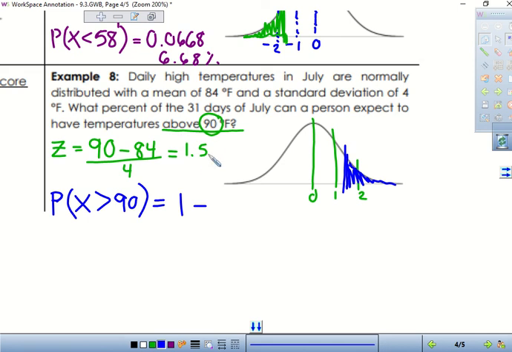Because remember, if it's above, you have to do 1 minus the value. And that comes out to be 0.9332. And if you do the math, this comes out to be 6.68%. So 6.68% of the data is above 1.5 or 90 degrees.